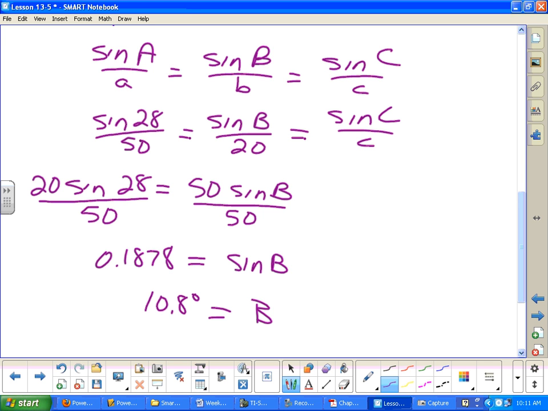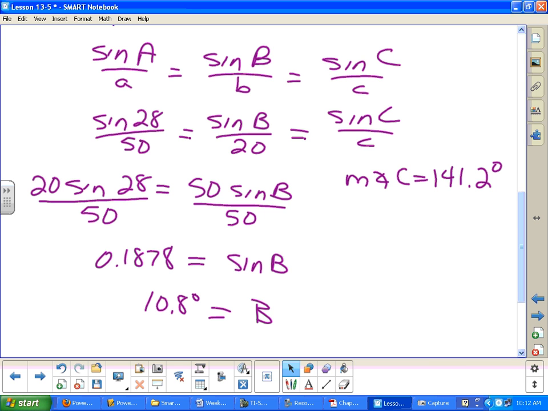So now we can find angle C. 28 plus 10.8 is 38.8, and 38.8 subtracted from 180 is 141.2.